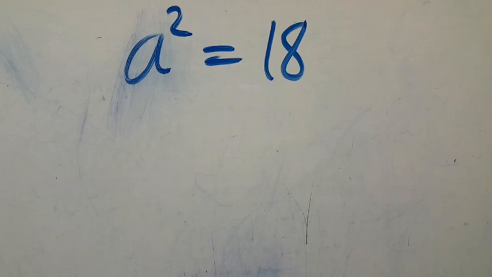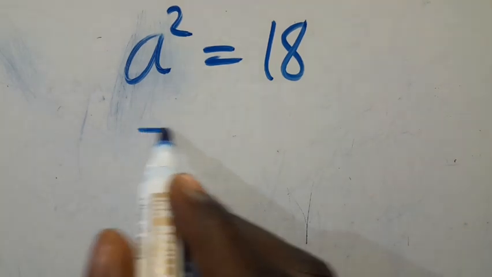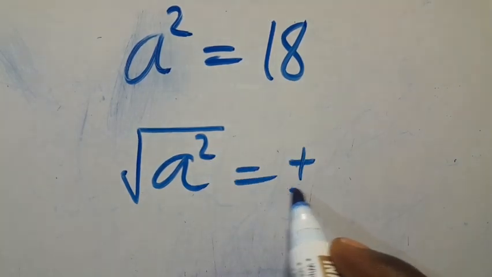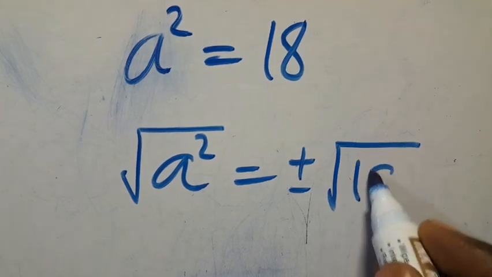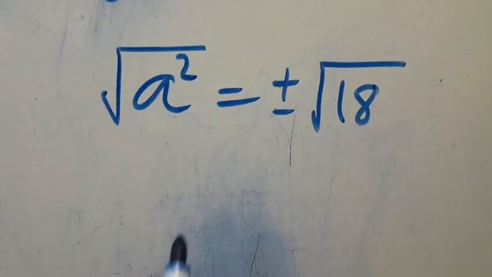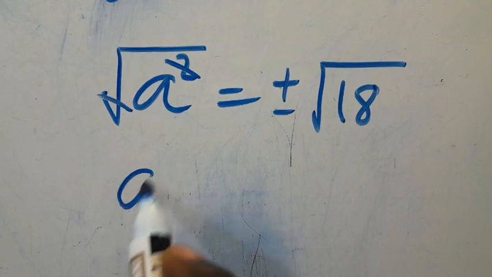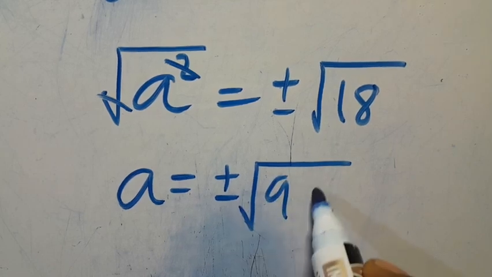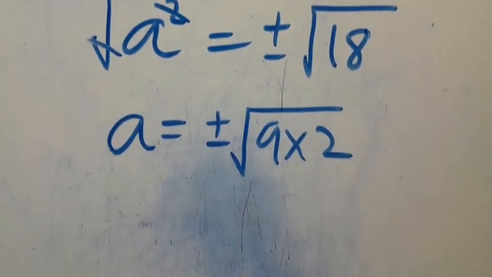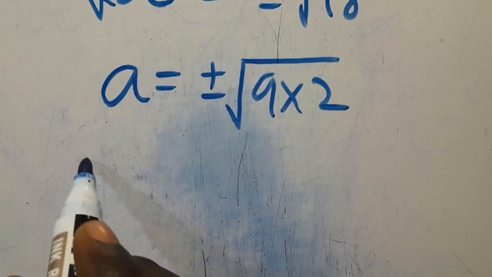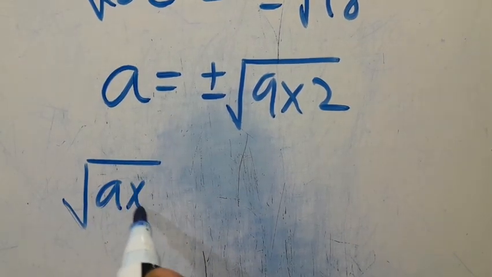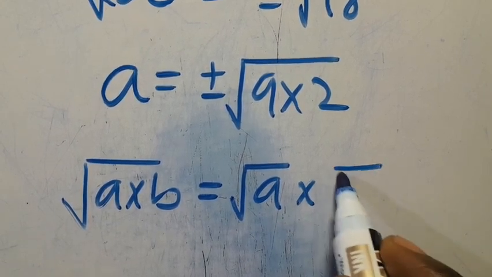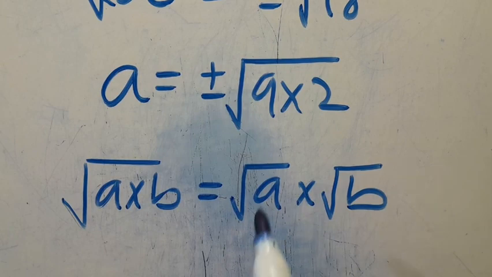So from here, let's take the square root of both sides as root of A to the power of 2 equals positive or negative root of 18. This and this will cancel. We have A to be equals positive or negative root of 9 times 2 will give us 18. Recall that when you have root of A times B equals root of A times root of B. Apply it here.